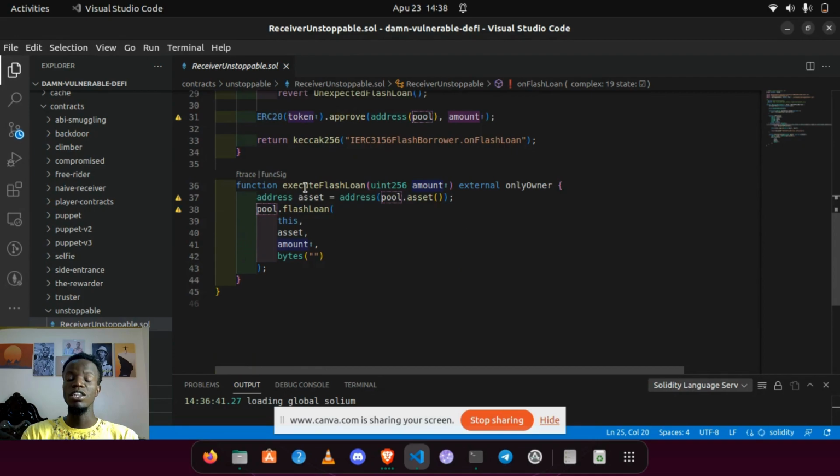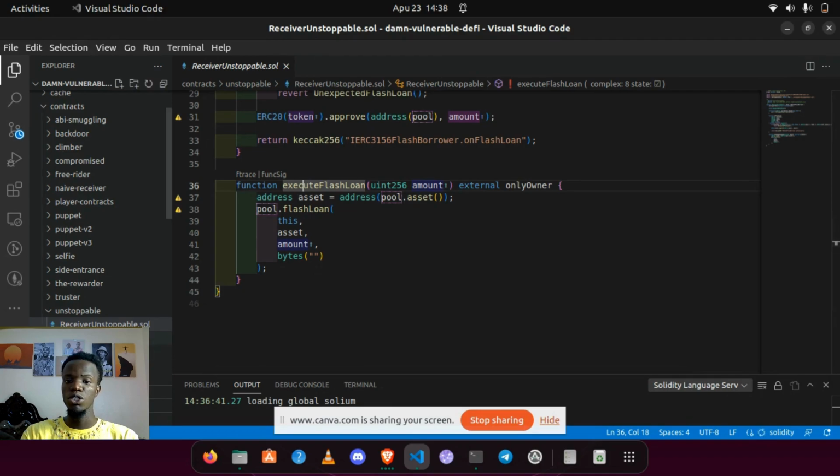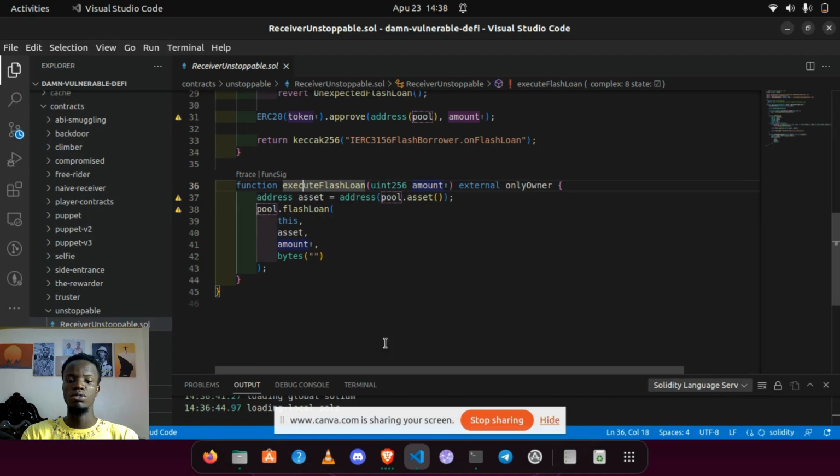And then we have the second function, which is executeFlashLoan. This function calls the flashLoan function of the Unstoppable vault contract to initiate the flash loan.